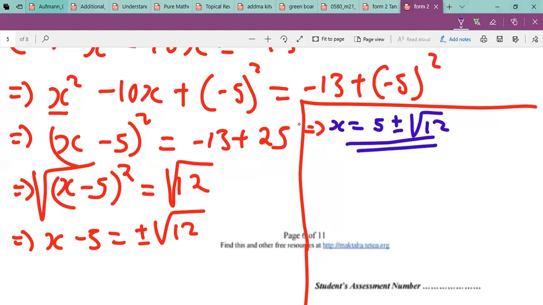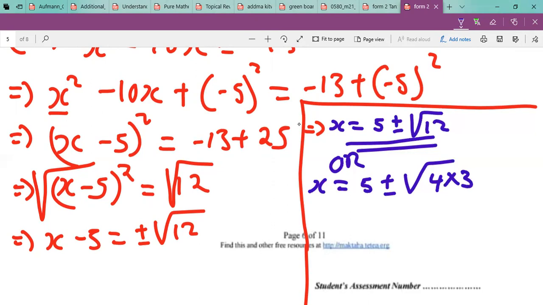Or we can say x is equal to 5 plus or minus the square root of 4 times 3.